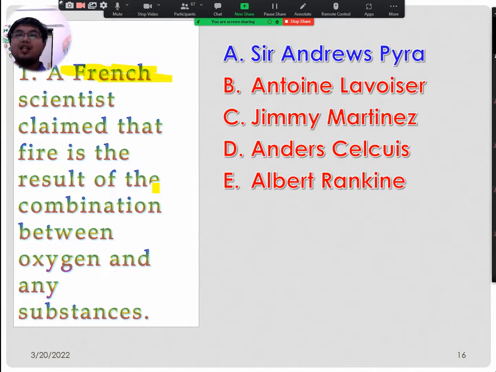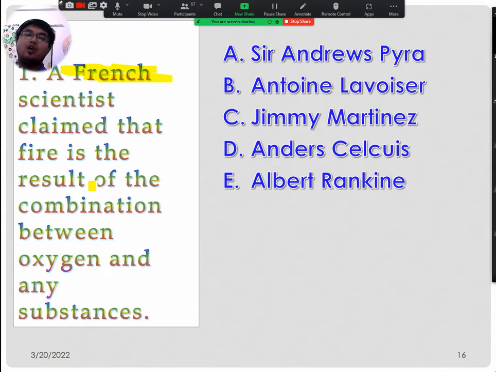So is it Andros Pyra, a French name? Is it Anton Lavoisier, which is a French scientist? Is it Jimmy Martinez? Do you think it's a French name? Anders Celsius, do you think it's a French name? Or Albert Rankin, is it a French name?